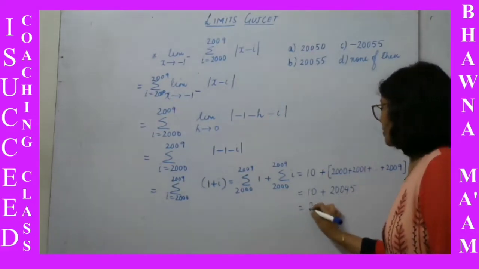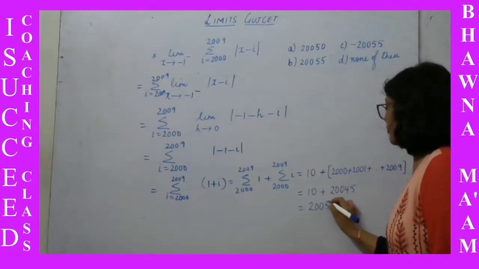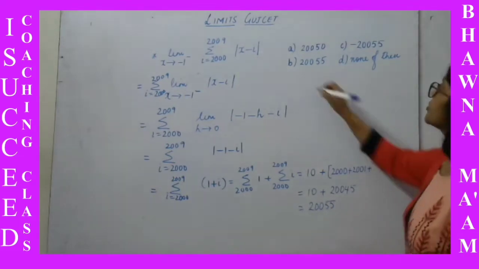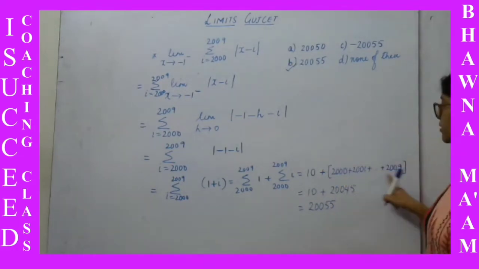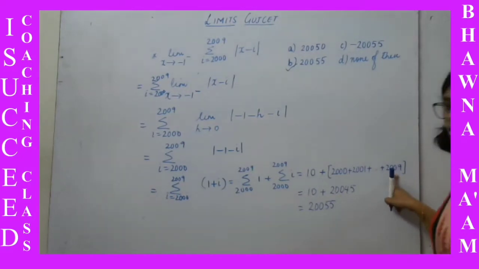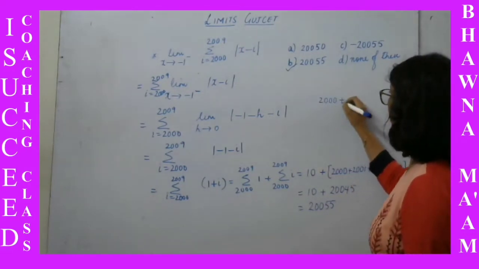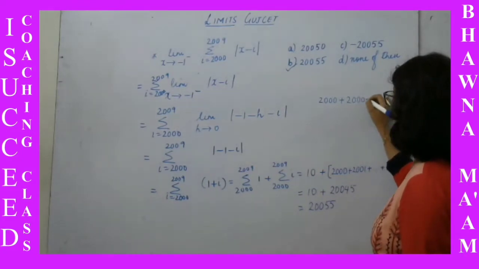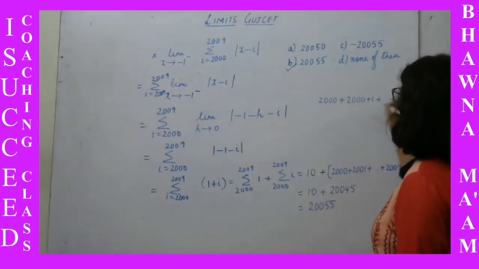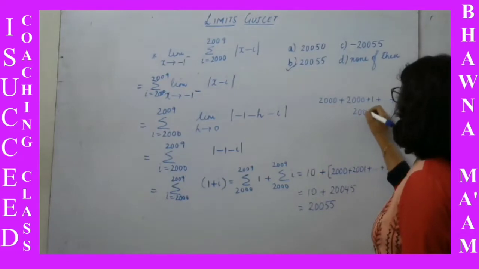So that is going to be 20055, and that's option B. We can calculate this. If not in this manner, we can take 2000 plus 2000 plus 1 and simplify in the same way up till 2000 plus 9.